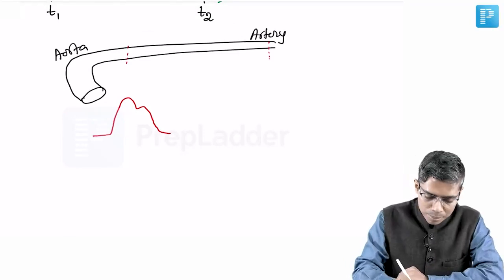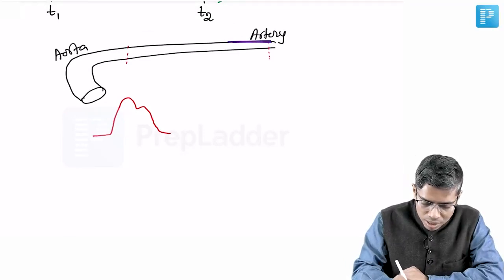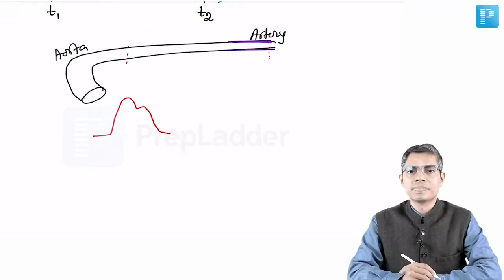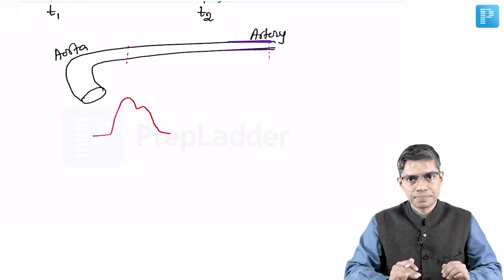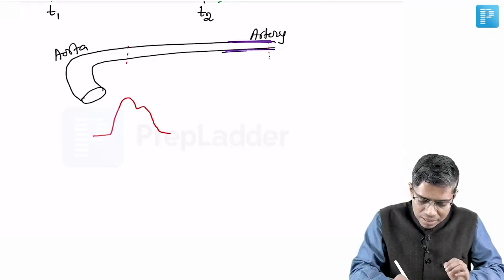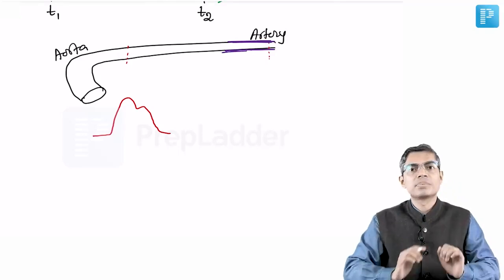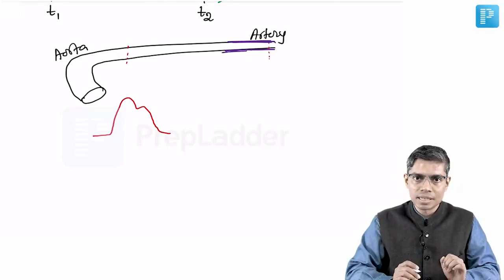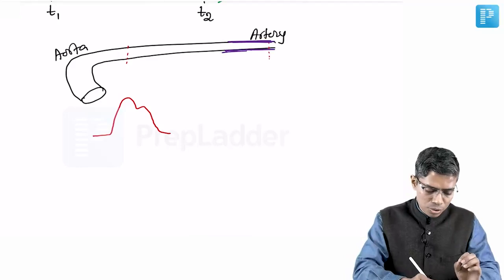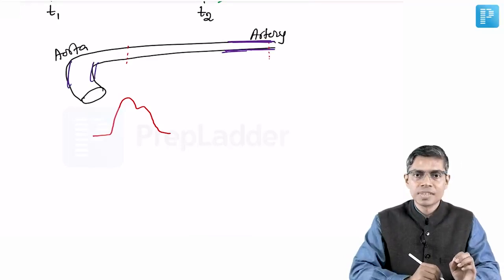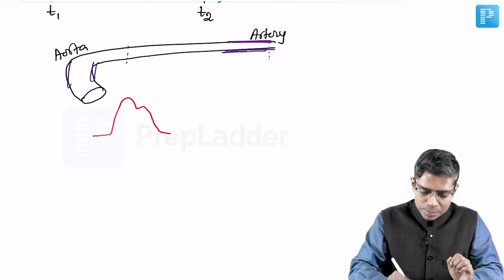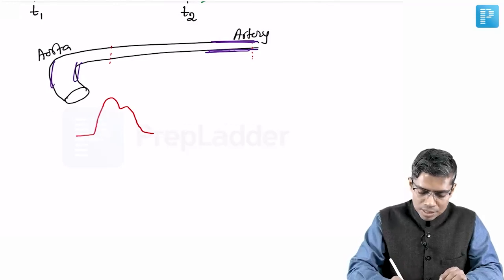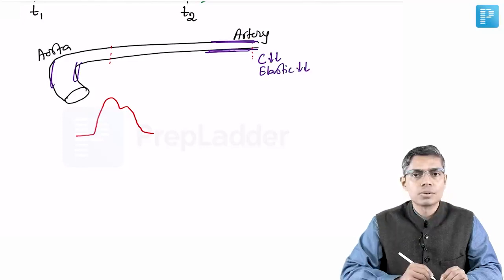What will happen? These peripheral arteries are harder than the central artery. And this peripheral artery contains lesser elastic tissue than the arch of aorta, right? I told you that maximum elastic tissue is here at the level of the arch of aorta. So I can understand that this peripheral artery is stiffer, meaning compliance is low, and elastic recoiling force is also low.